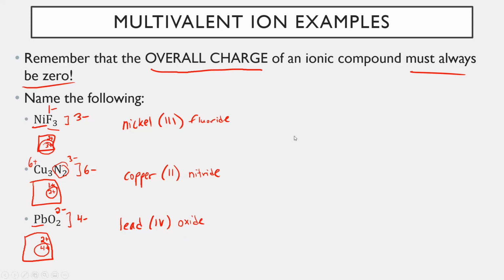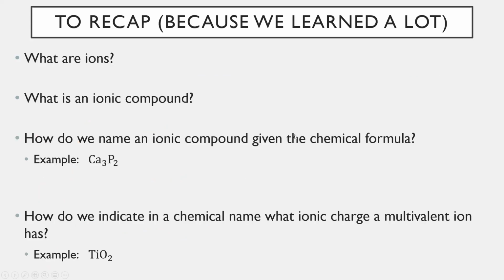Wow. Okay, so that was a long lesson. I apologize, I think I gave you a warning at the beginning. But to recap, just because we learned a lot, what are ions? Think about that for a second. An ion is just an atom with a positive or negative charge, right?